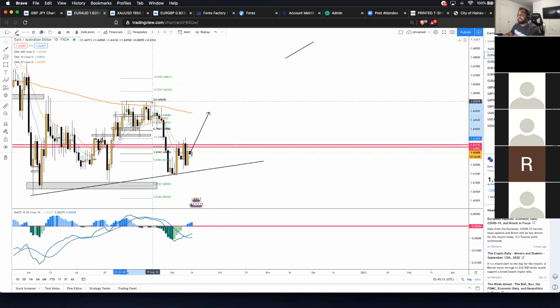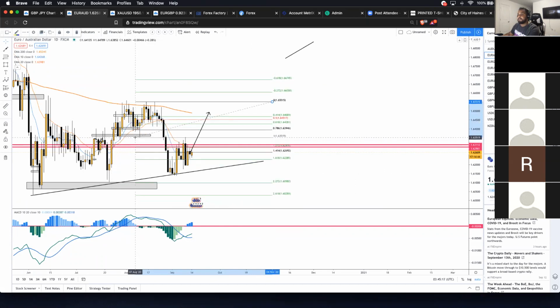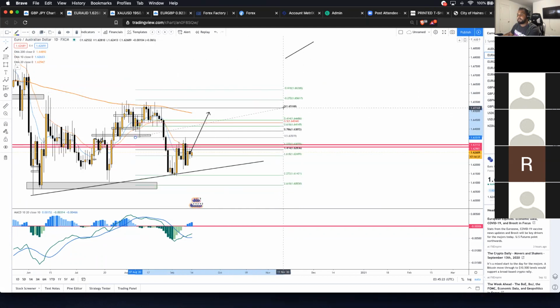And that's literally just going off of the fact that this is the last move to the upside before she shot down. And look at our fib level that she rejected, the 2.272. You see this? Cool.